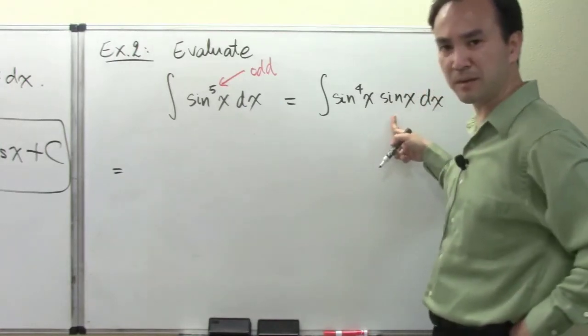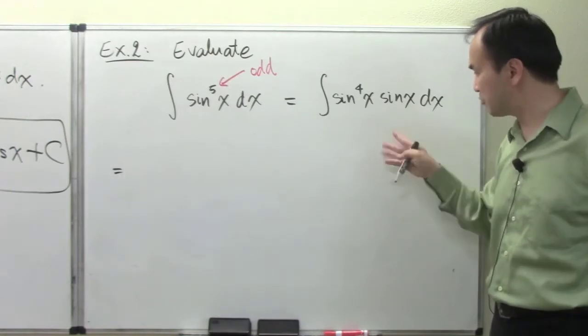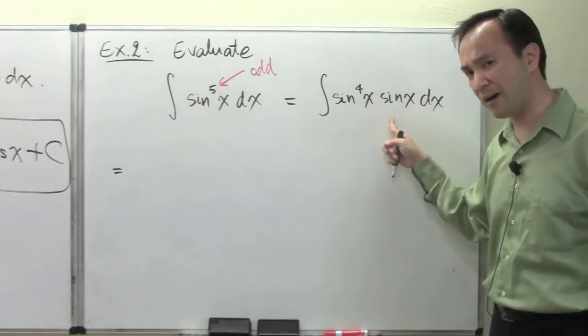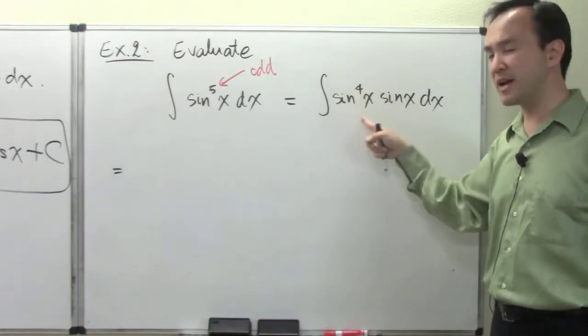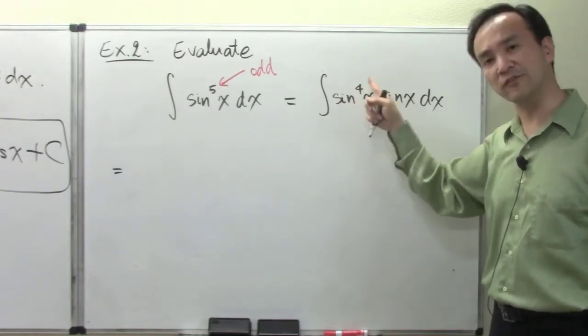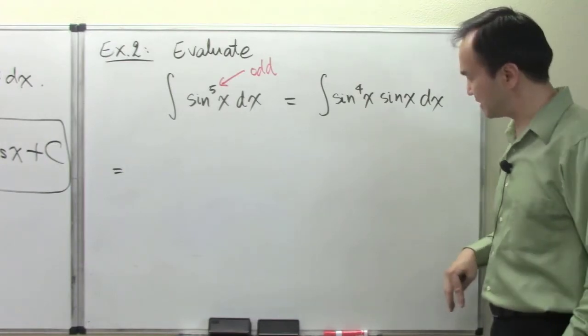That's what I meant by saved out, or leave out, separate out a single power. So the remaining part has to be, of course, sine to the fourth. Simple arithmetic.